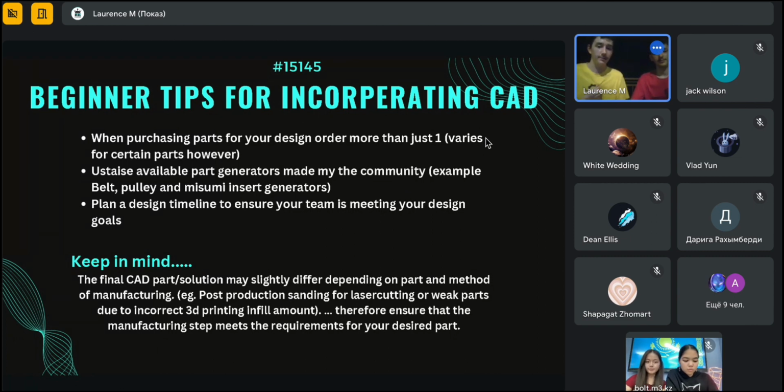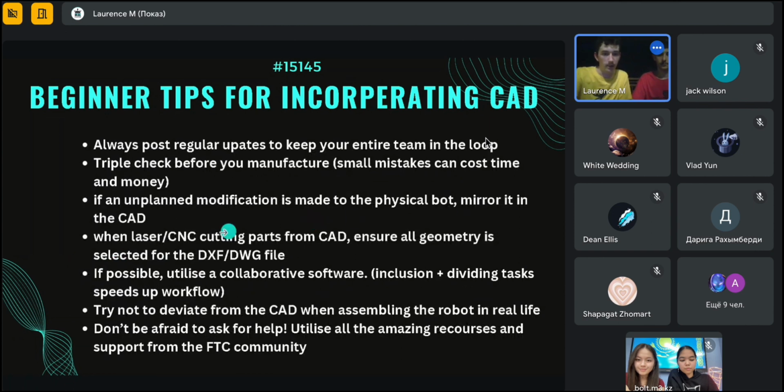Keep in mind that your final CAD part on your computer might be a little bit different in real life. We've had a couple of these experiences where you might have missed a hole. Back on a dot point on the slide before: when laser cutting or CNC parts, ensure all geometry is selected. For example, when you're projecting your CAD files for laser cutting, you might not have selected a hole, and that can come out as a missing hole in the final product.